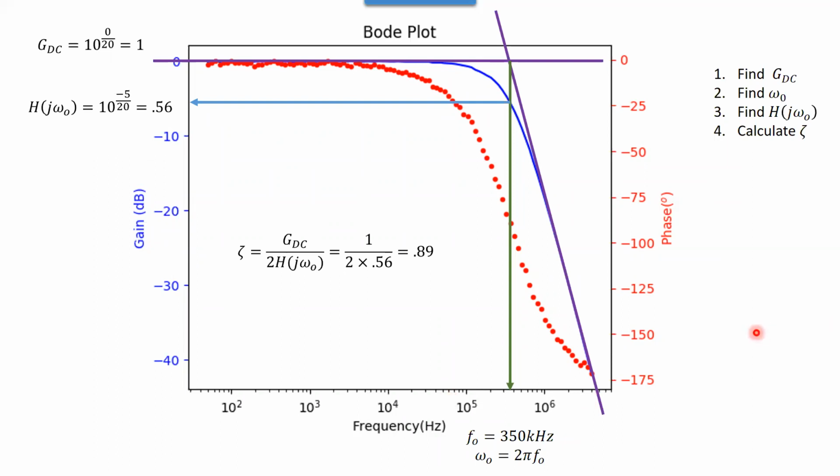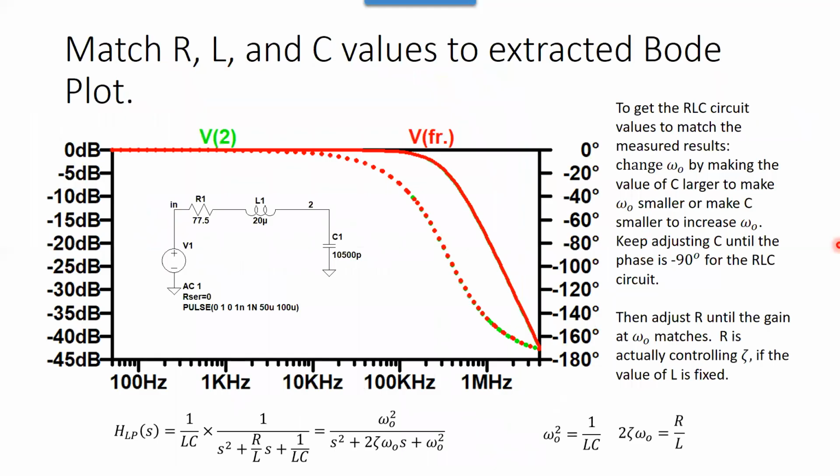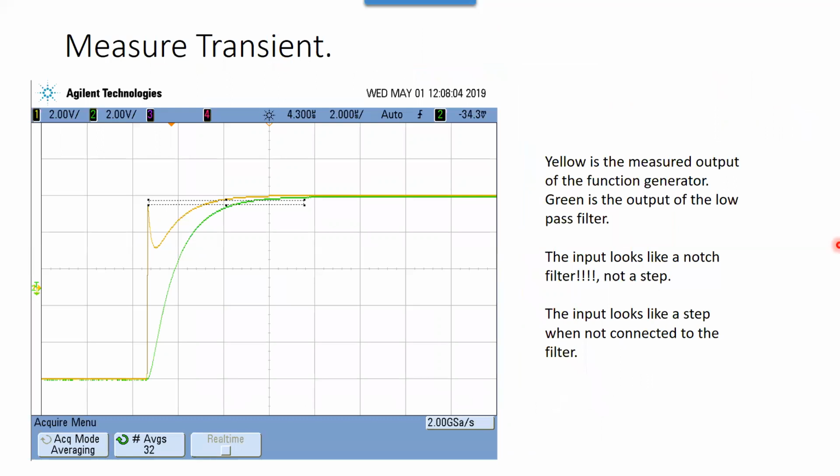Another thing is that with the step, I can take the derivative of this and plot the fast Fourier transform of it, and it turns it into a Bode plot.